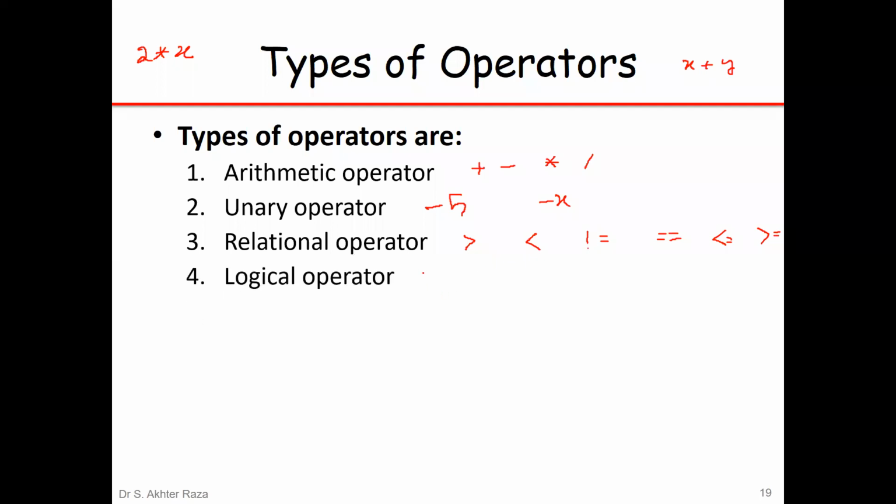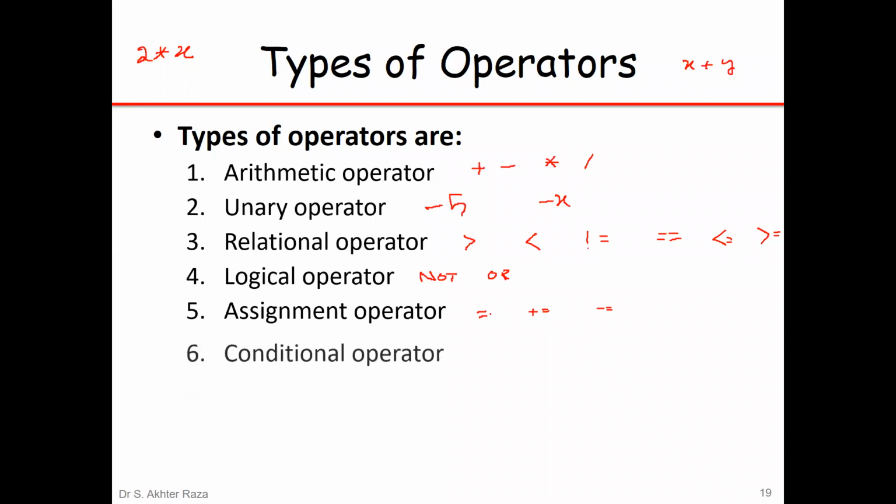Logical operators are and, not, or. These are logical operators. Assignment operators are equal to, plus equal to, minus equal to. These are called assignment operators. I will define each and every operator in detail in this lecture, but initially I am going to complete the list here.